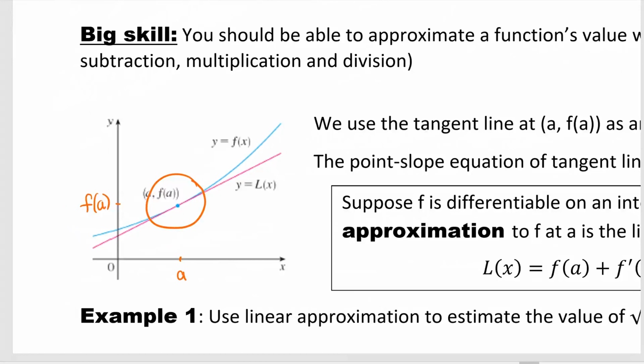Do you see the function behaves very similar to the tangent line? So that's why, let's say x is here, when x is closer to a, this is f of x, and that is L of x. So f of x can be approximated by L of x. So L of x is the tangent line.